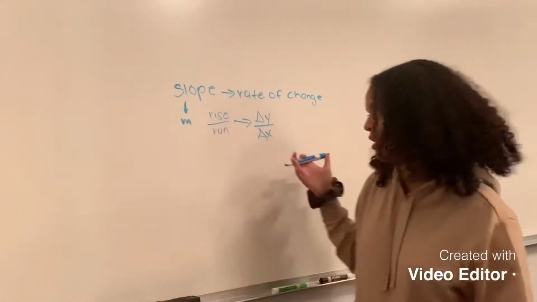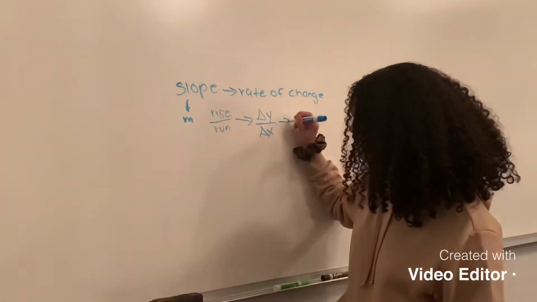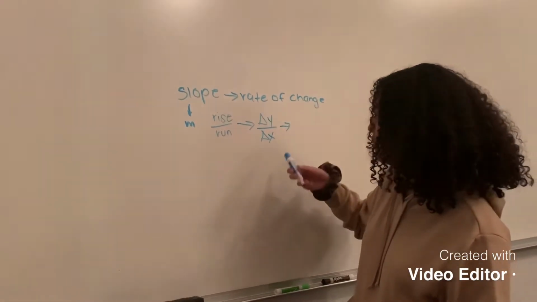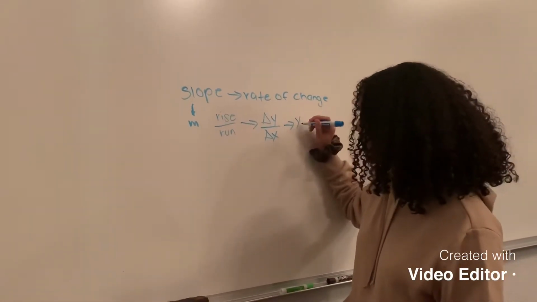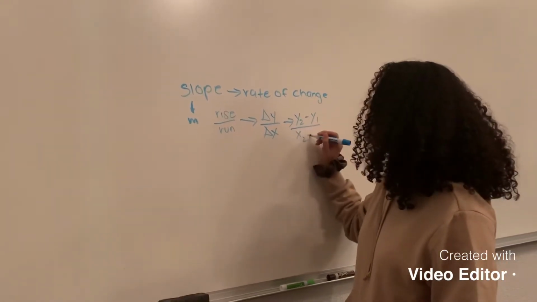Delta means change in, so that would also be change in y over change in x. And when you're changing something, you subtract, so it would be y2 minus y1 over x2 minus x1.